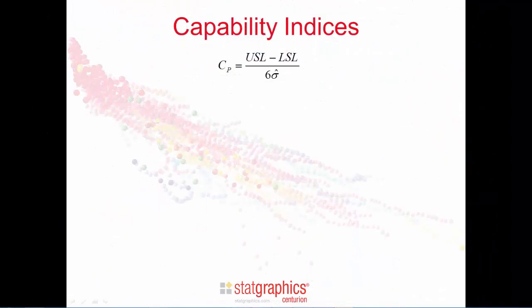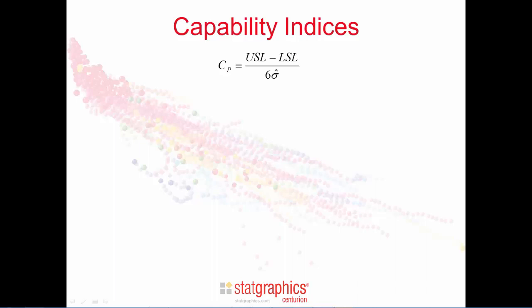Let's talk about some of the capability indices that Statgraphics displays by default. The first index is called CP. It's the ratio of the distance between the specification limits to 6 times the estimated standard deviation of the process.